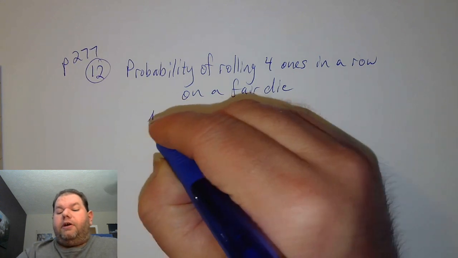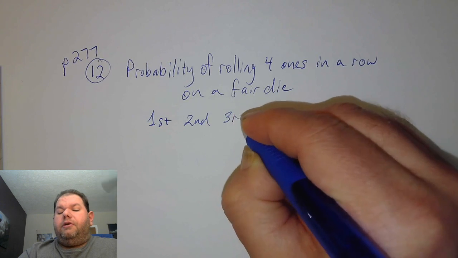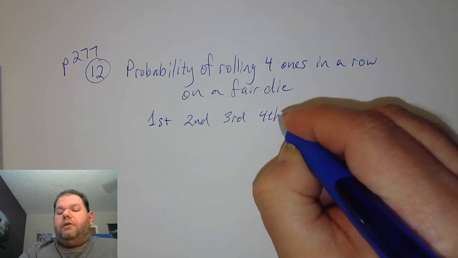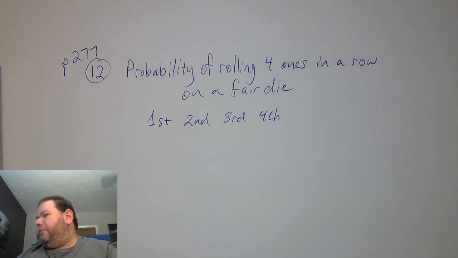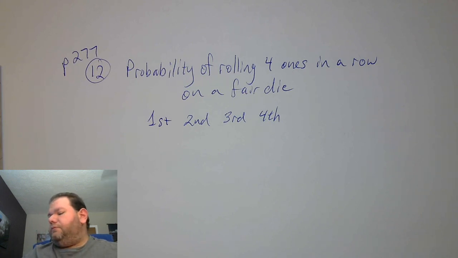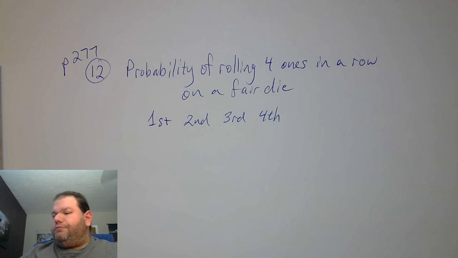So we have our first die roll, our second, our third, and our fourth. And so what is the probability that we would roll a 1 on a fair die? One out of 6?